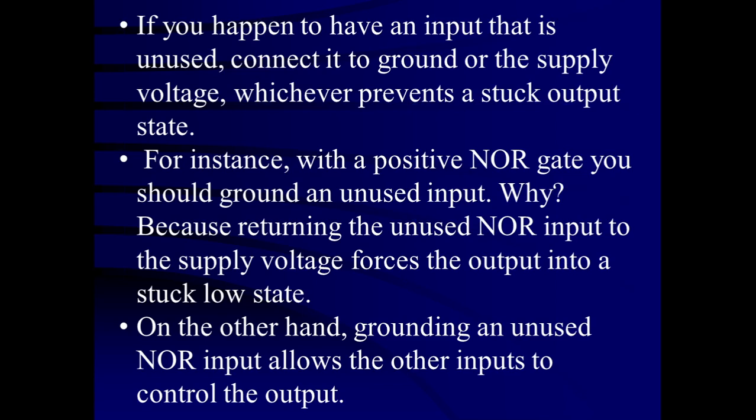If you happen to have an input that is unused, connect it to the ground or the supply voltage, whichever prevents the stuck output state. For instance, do you understand the meaning of the stuck output state? It is like this.